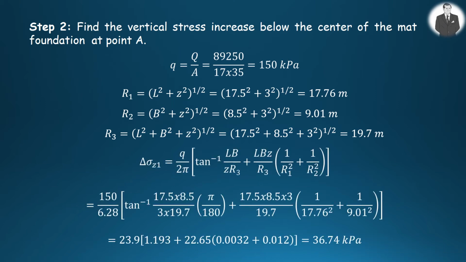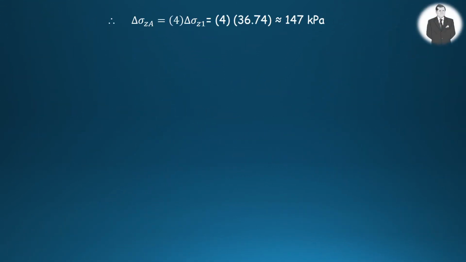Having all these values, we put them in their places in the equation as shown, and we get the stress increase beneath the corner of one of those 4 equal rectangles. If we multiply this value by 4, then we get the stress increase at point A beneath the center of the mat foundation due to the foundation load.